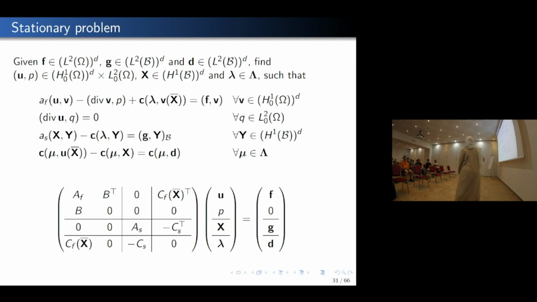This is just the stationary problem in front of you. I removed the color now because the coupling term is Fabio's part, but here I'm going to talk in general. This is the stationary problem, and this is its operator matrix form.